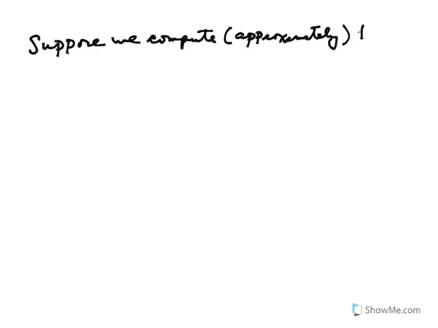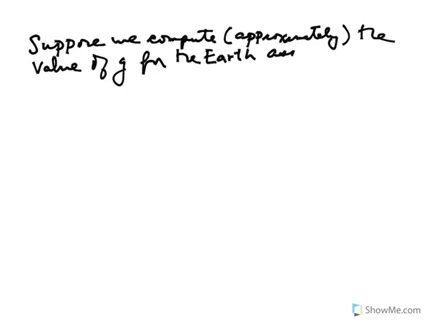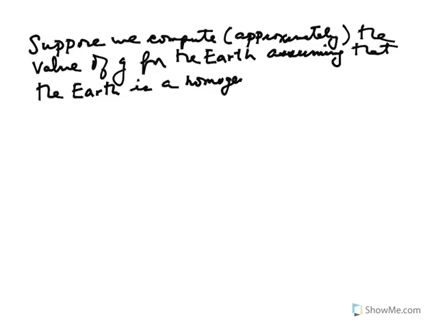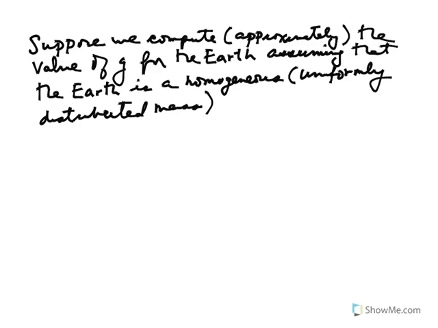Suppose we compute, and of course this is an approximation, the approximate value of g for the Earth, assuming that the Earth is a homogeneous or uniformly distributed mass sphere. That's what I mean by homogeneous. It's a uniformly distributed mass sphere.